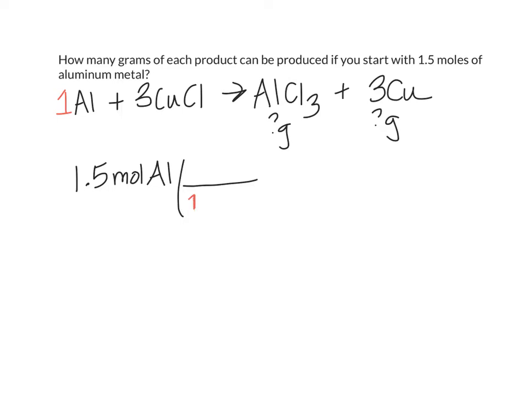So we have 1 mole of aluminum. And we're going to aluminum chloride, and the coefficient of aluminum chloride is also an understood 1, so we have 1 mole of aluminum chloride. This allows us to cancel out the moles of aluminum.